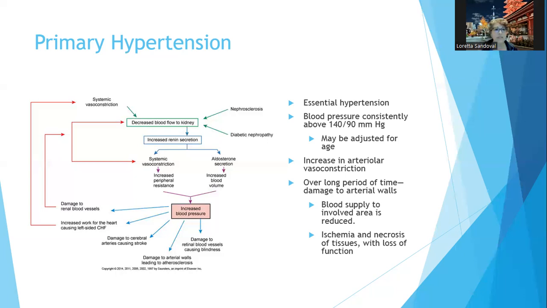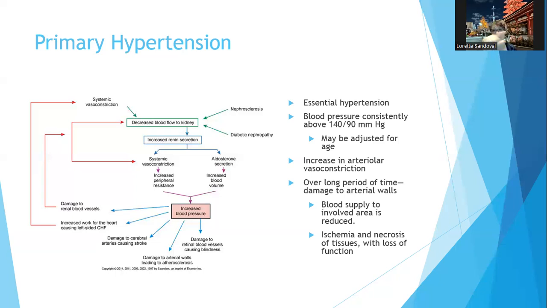So lots of different things can contribute to primary hypertension. A lot of times it affects the kidneys, and the kidneys are going to secrete renin and aldosterone to increase blood volume and increase peripheral resistance, and that increases our blood pressure.